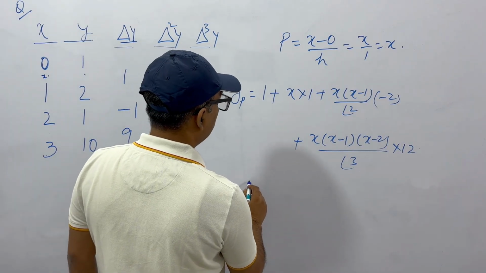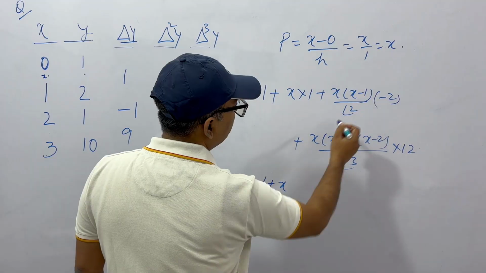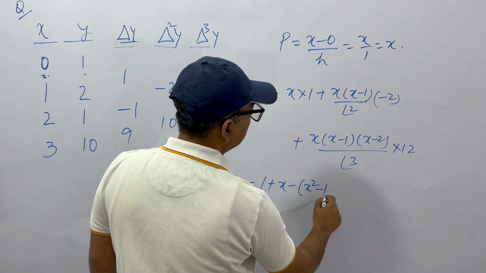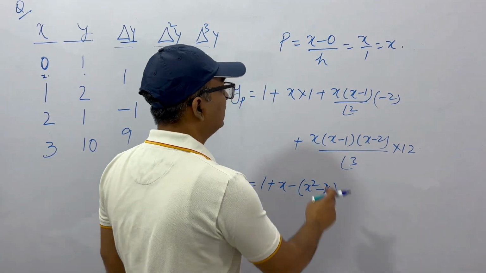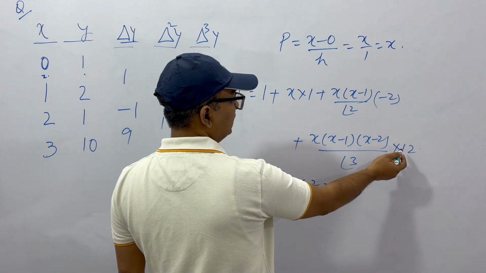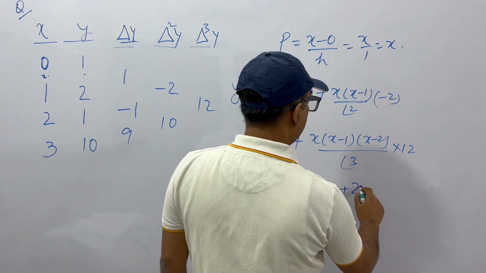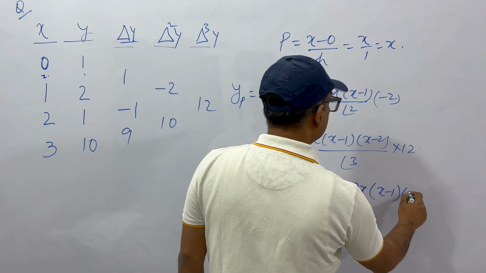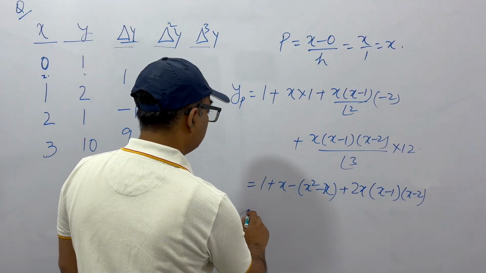So this comes to 1 plus x plus 2 gone. So this will be minus x square minus x. Okay. This is minus. Then we have this term. So this is plus. So 3 into 2, 6. So this is 2. So what we get is plus 2x into x minus 1 into x minus 2. So let's write it here.